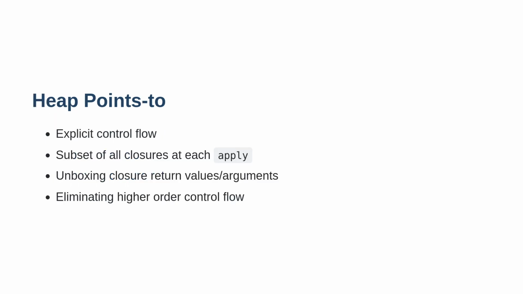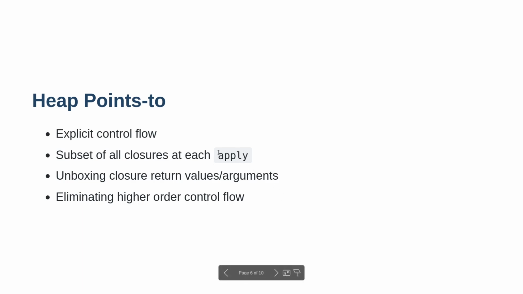This works well in GRIN because in GRIN all of the control flow is very explicit. When you're calling a function, you always know exactly what functions you can be calling. Compared to, say, Haskell's IRs, where it could call any function, you can't necessarily know what functions there are.